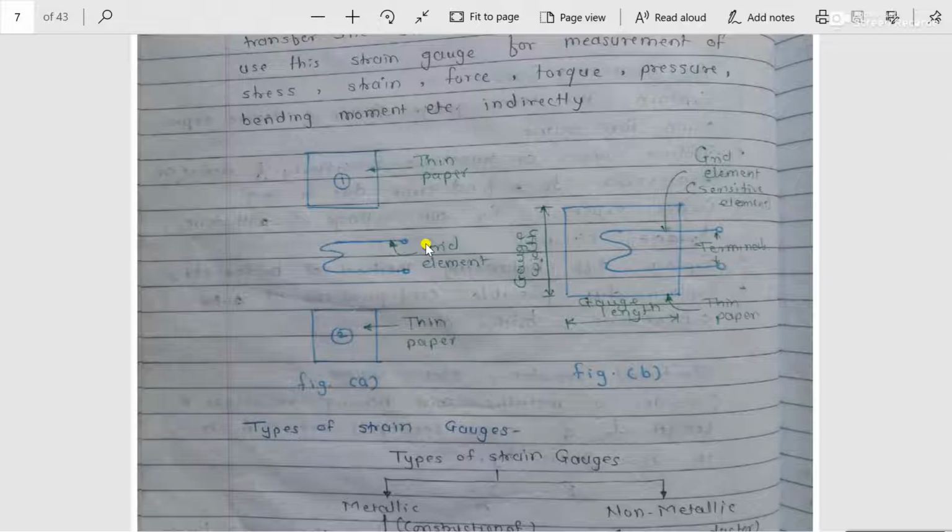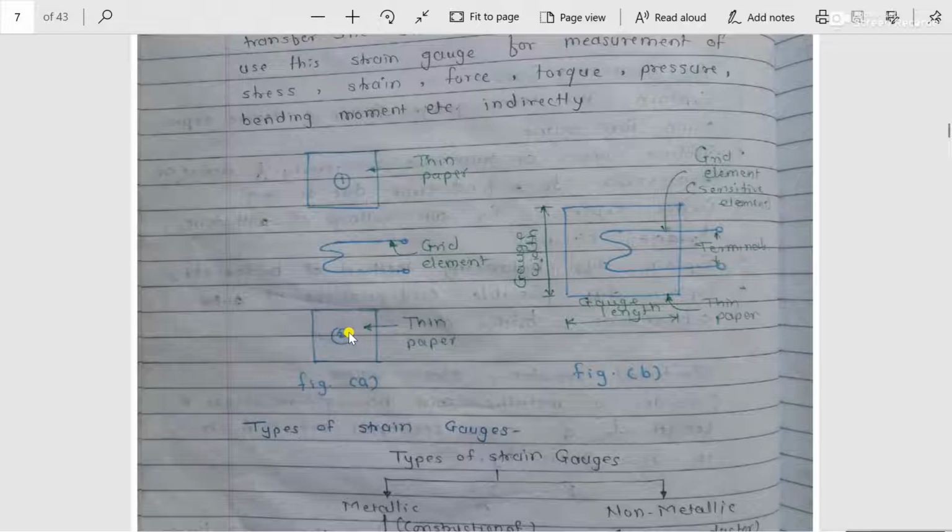While using strain gauges in any type of application, there should not be direct contact between the grid element and the test specimen, and to avoid this condition, these thin papers act as an insulation between the grid element and the specimen. So this is the second advantage of the thin paper.